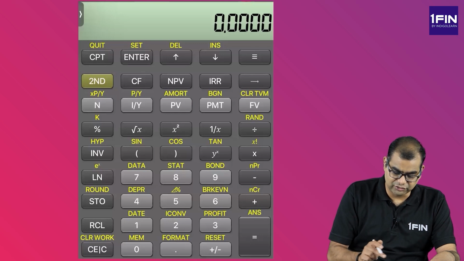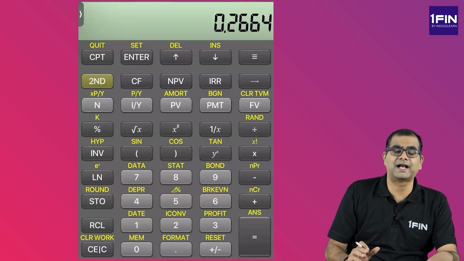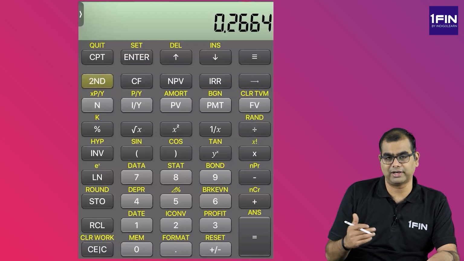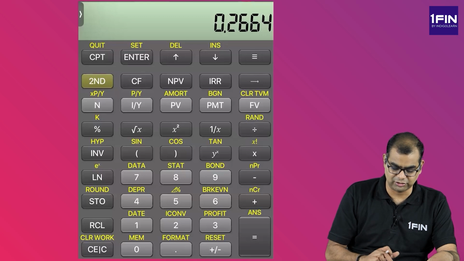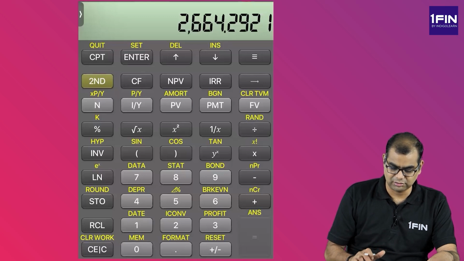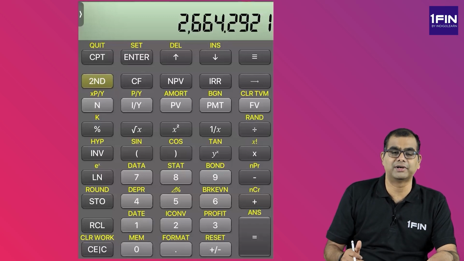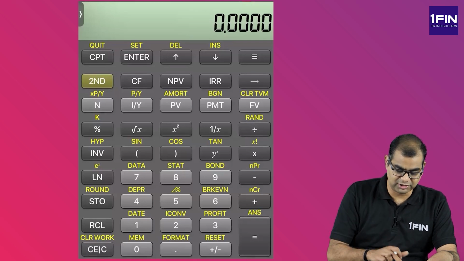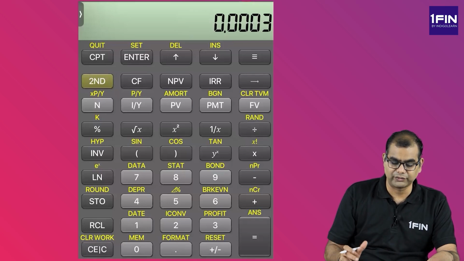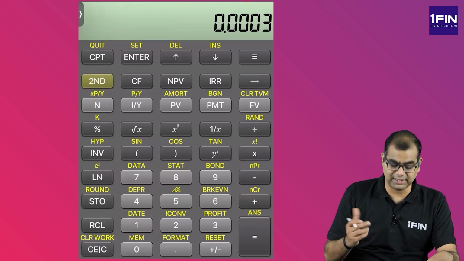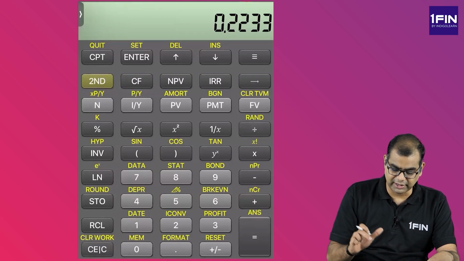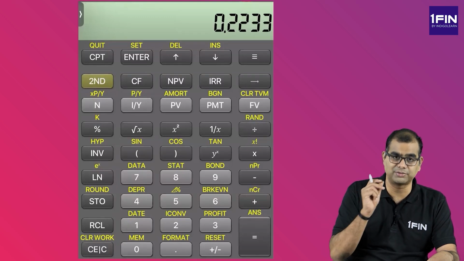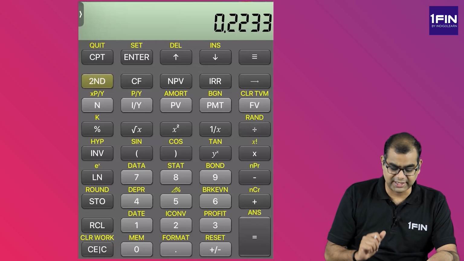If you just say second RAND, it generates a random number between 0 and 1. If you want a random number of 4 digits or 5 digits, you have to multiply it with the respective number. So into 1, 2, 3, 4, you will get a random number like this. Again, second RAND, you get a random number. It generates between 0 and 1. So this is the next function.